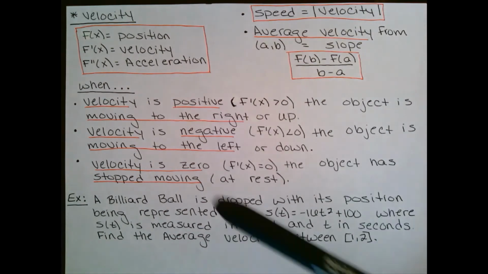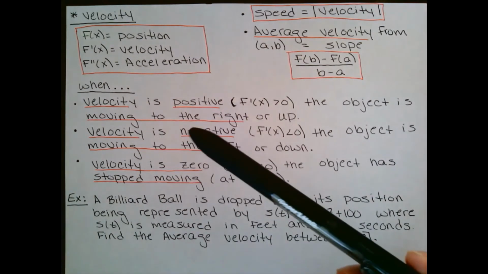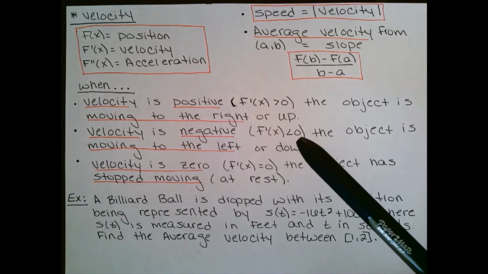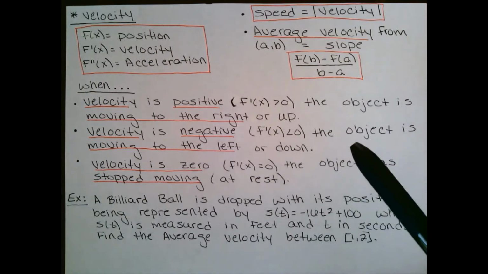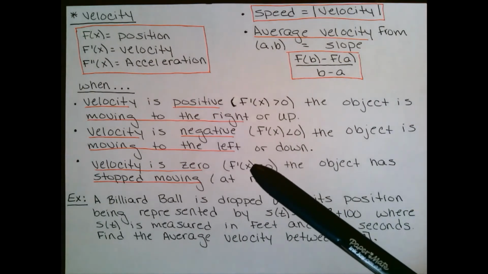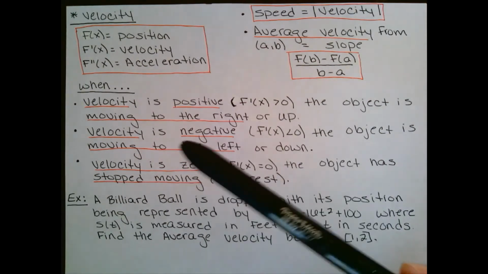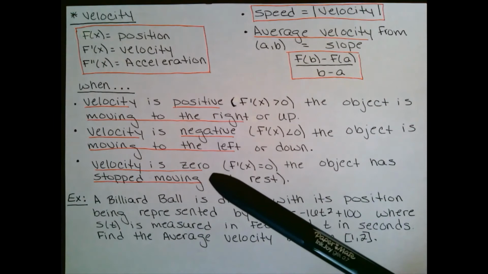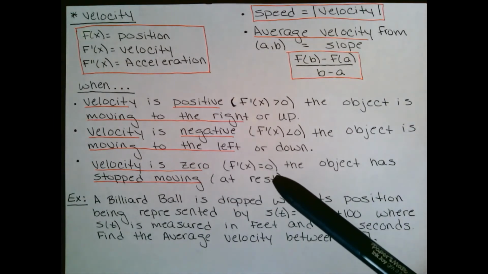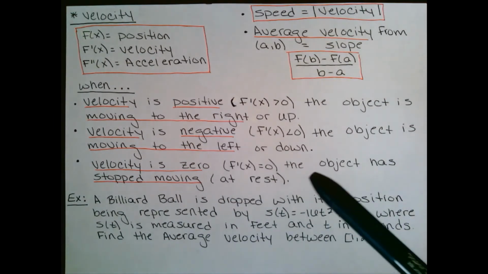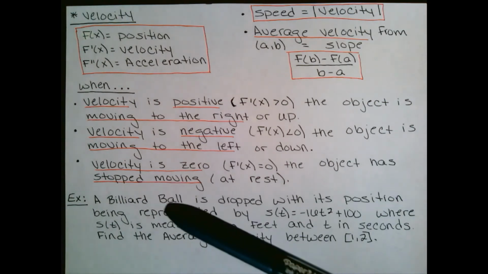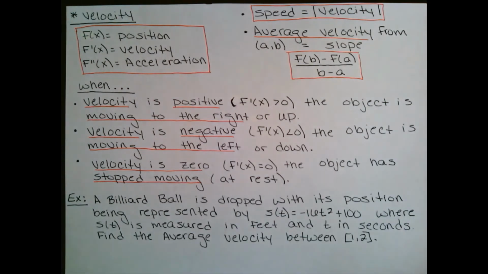If they want you to solve for velocity being negative, meaning the first derivative less than 0, they will ask when is the object moving to the left, or downward. And if they ever want you to solve for velocity equal to 0, meaning the first derivative equals 0, they'll put the wording down of the object having stopped, or being at rest.